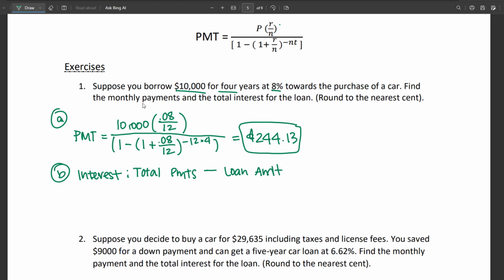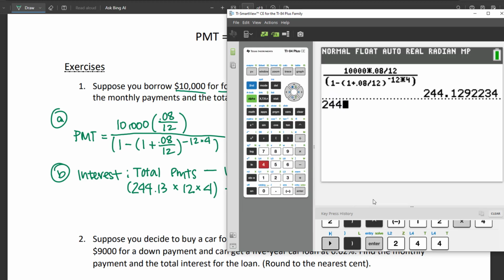So in this case, it'll be P. So our total payments is our car payment, $244.13. We pay that every month. There are 12 months in a year, and we do that for 4 years. And then we're going to subtract all of that by our loan amount of $10,000. So let's see what we end up paying on that car.